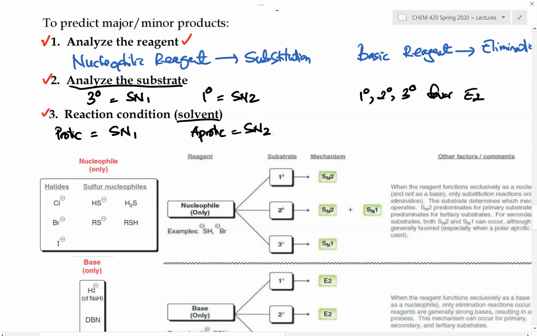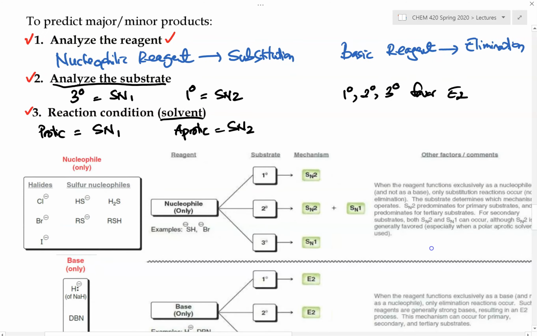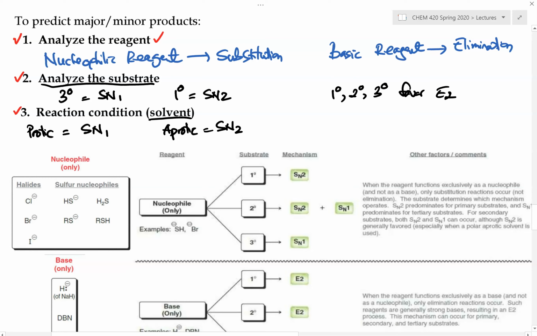So that's how the reaction condition, in this case the choice of the solvent, can help favor either SN1 or SN2 reaction. Now, if the reaction were to undergo an elimination reaction, then the choice of the solvent actually does not have much effect on elimination at all. But we have discovered the following. Heating actually favors elimination reaction.